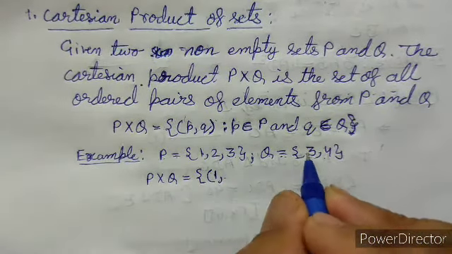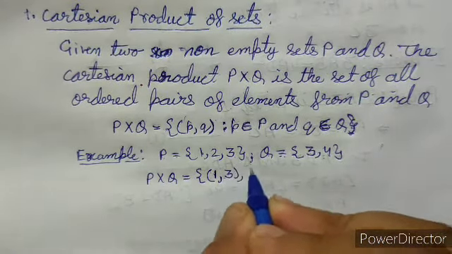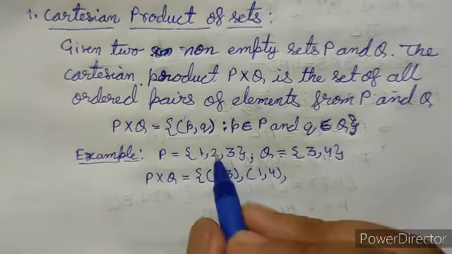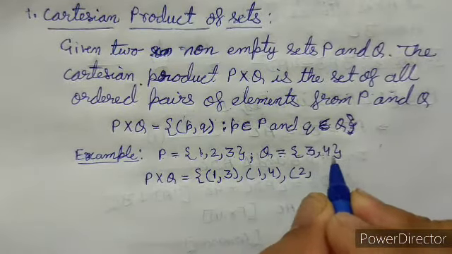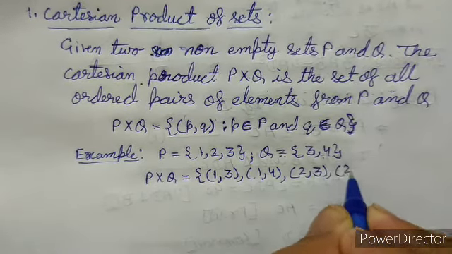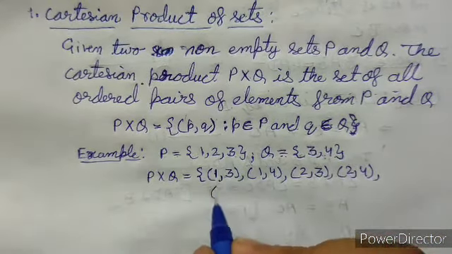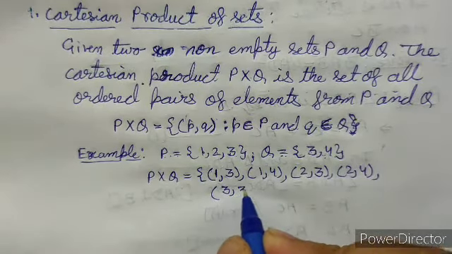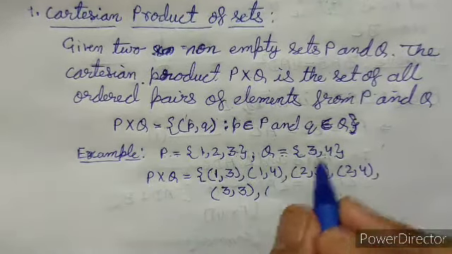So with 1 we will take all the elements of set Q, that is (1, 3), (1, 4). Now second element of set P is 2. With 2 we will take the elements of set Q, that is (2, 3), (2, 4). Similarly, the third element of P is 3. So we will write it as (3, 3) and (3, 4).